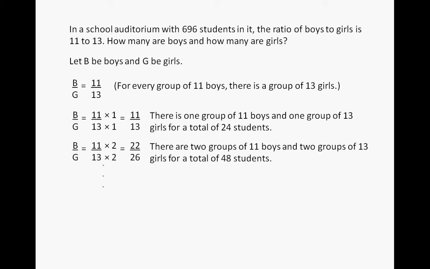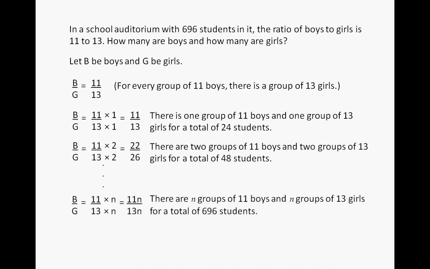If we were to keep doing this, it doesn't matter how many groups, so we'll just represent groups with n. So n times 11 for boys and 13 times n for girls. So we don't know how many groups we have, but if we had n amount of groups, we would multiply them by 11.